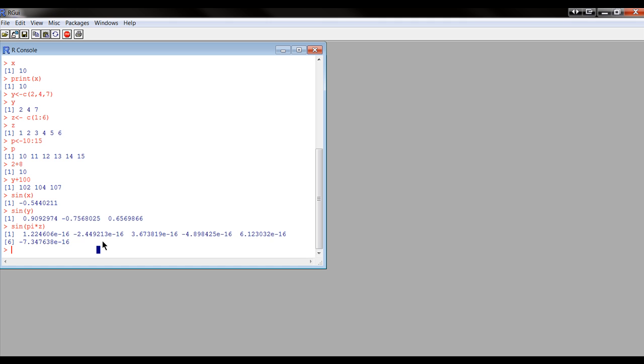The same thing. By the way, one good thing about these kinds of interfaces like I'm using here is if I hit the up arrow key, you know on your keyboard you have arrow keys, you get the previous command that you typed.